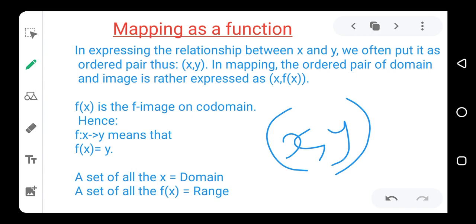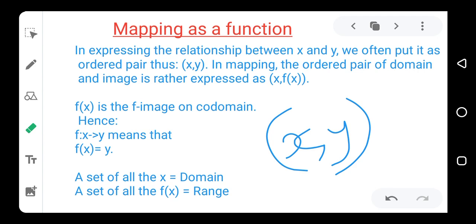Now in mapping, these x values represent the domain and the y values represent the range. Of course, we know that in mapping, the range is a collection of the images in the codomain.